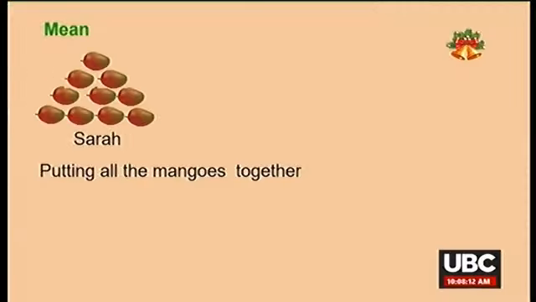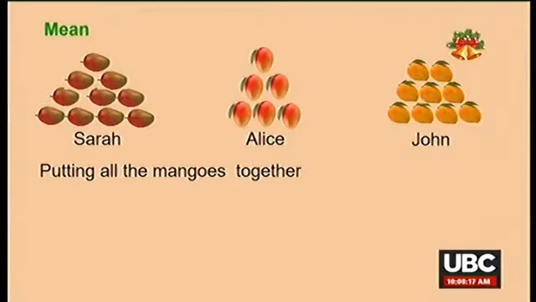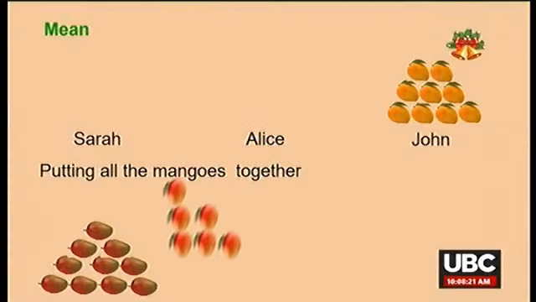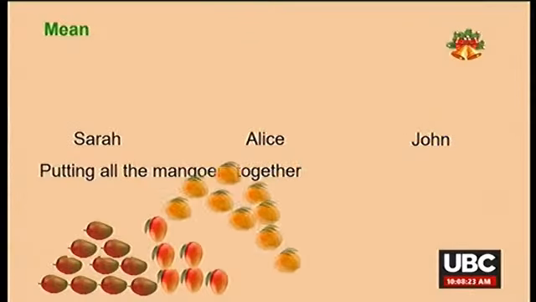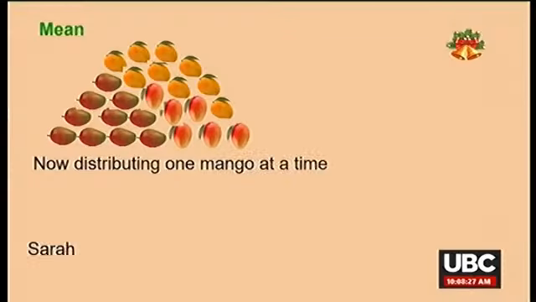So if these mangoes are to be shared equally among 5 members of the family, the 5 members of the family are Sarah, Alice, John, father, and mother.